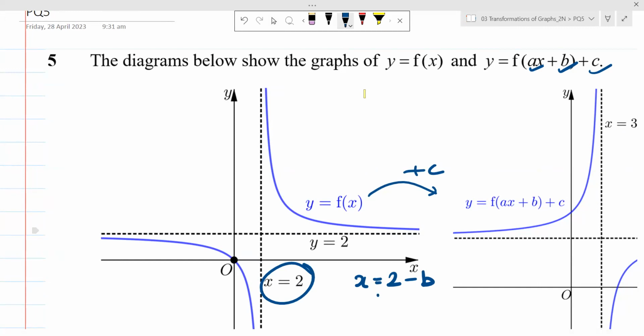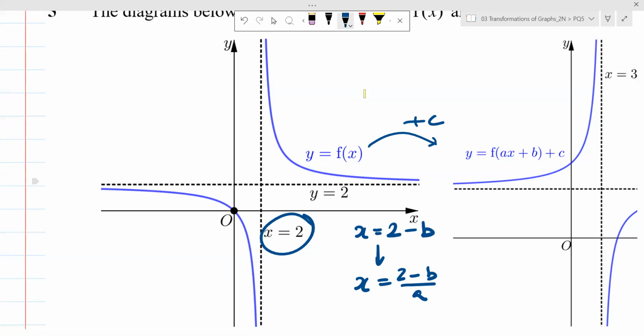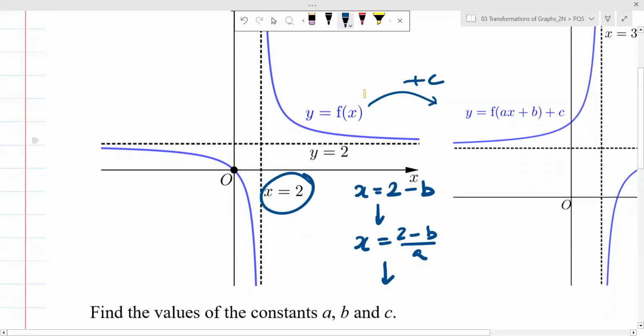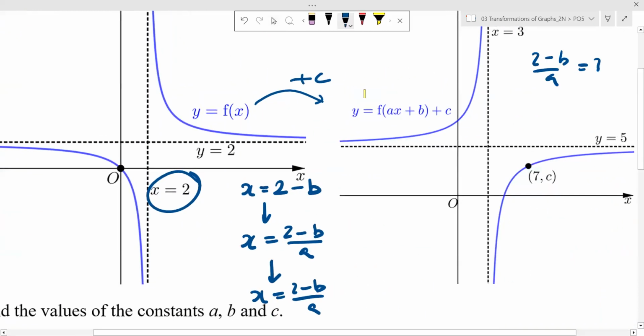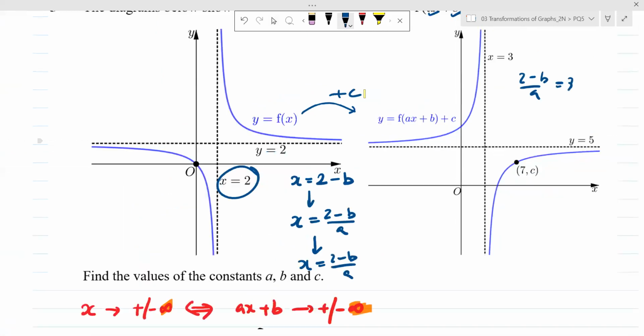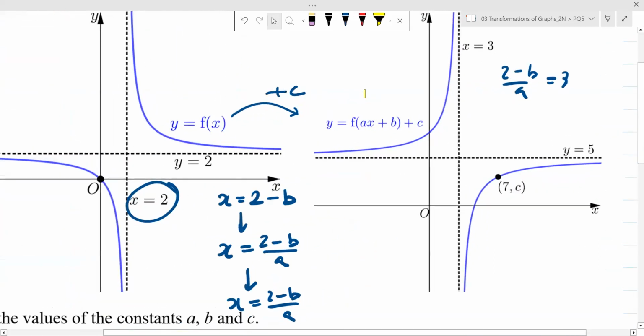Then you do scaling parallel to the x-axis by a factor of 1 over a. Then after that, you translate everything upwards by c units, but the vertical asymptote stays where it is. So the answer is 2 minus b over a equals 3. You will get the same thing.